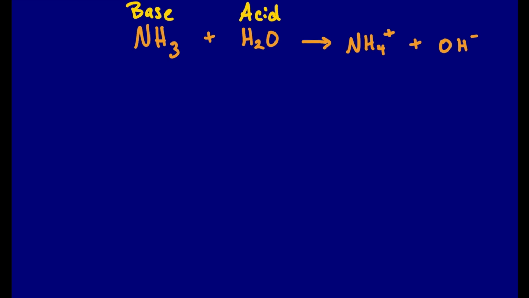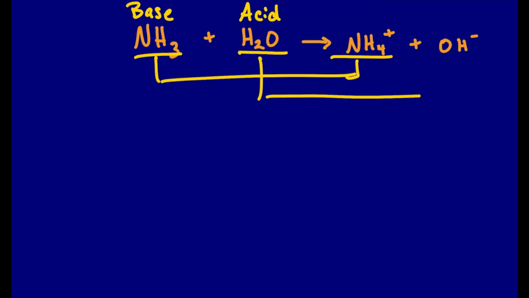And so for this last bit, let's try to make up our conjugate pairs and assign the conjugate names for our NH4 plus and our OH minus. So our NH3 turned into our NH4 plus, and then our H2O turned into our OH minus.